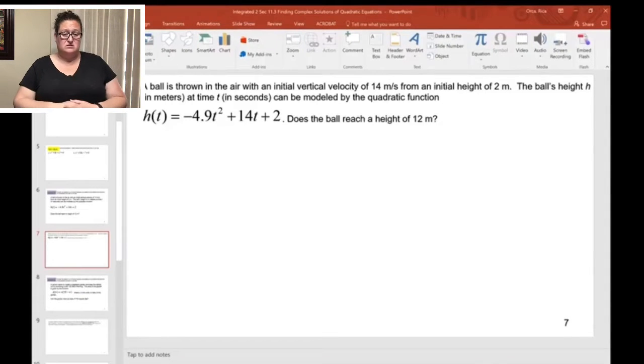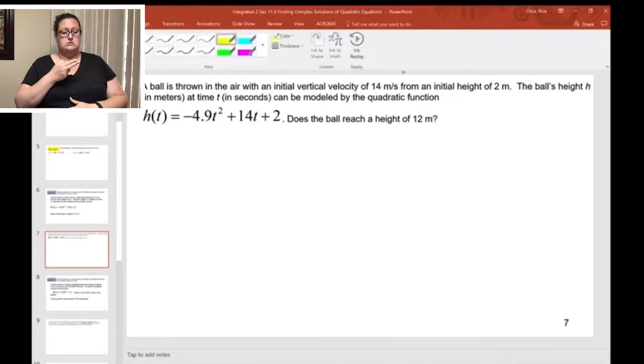So we want to figure out if the ball reaches a height of 12 meters, which means that h is 12. Let's take the 12 and plug it in. 12 equals negative 4.9 t squared plus 14t plus 2.